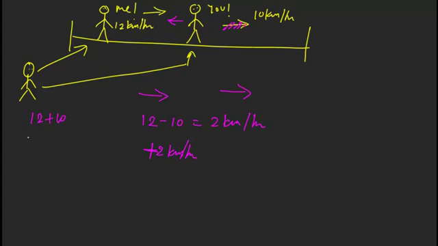We will see each other traveling towards each other at 22 kilometers per hour. So our relative speed will increase. When we travel in the same direction, our relative speed is the subtraction of our speeds, and when we travel in opposite directions, as in this case, our relative speed is the addition of the two speeds.